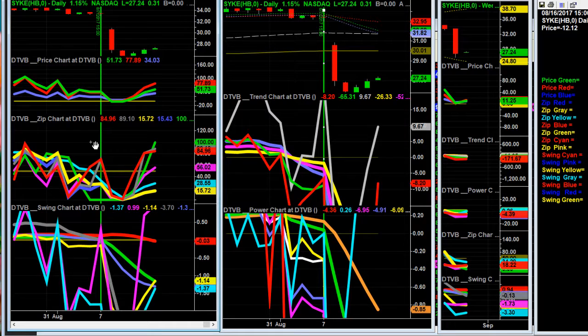You got significant line differences, but again, there's not a significant divergent condition except for one thing, and this happens, and I'm not exactly sure why. But zip blue and zip yellow have come back together on the vertical green line day. And there was no movement in price. See, and that normally causes a significant movement in price.